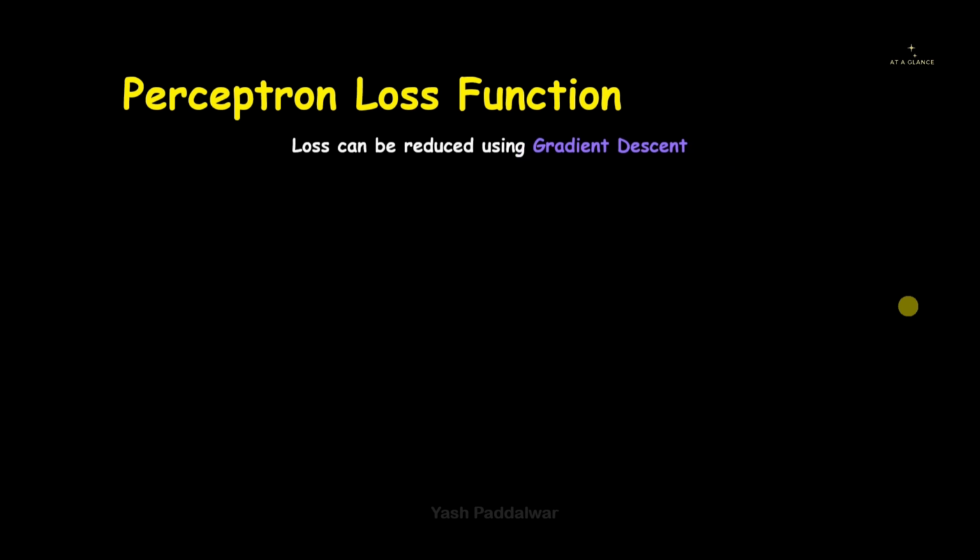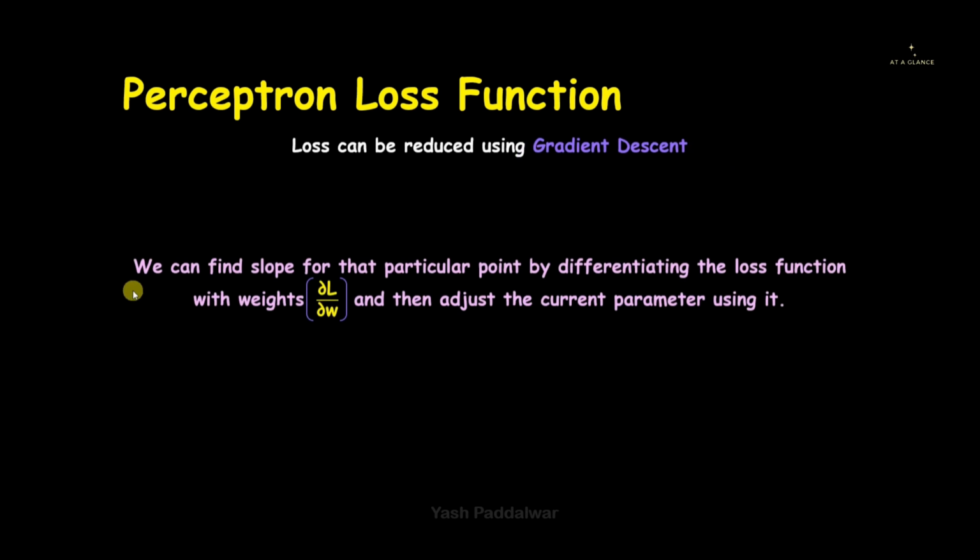To reduce the loss, we have to find a particular value by which we can reduce it, and that value can be found with the help of the slope. We can find the slope for any particular point by differentiating the entire loss function. If you remember that highlighted expression, we can differentiate it with the weights. Let's say we are differentiating with w.